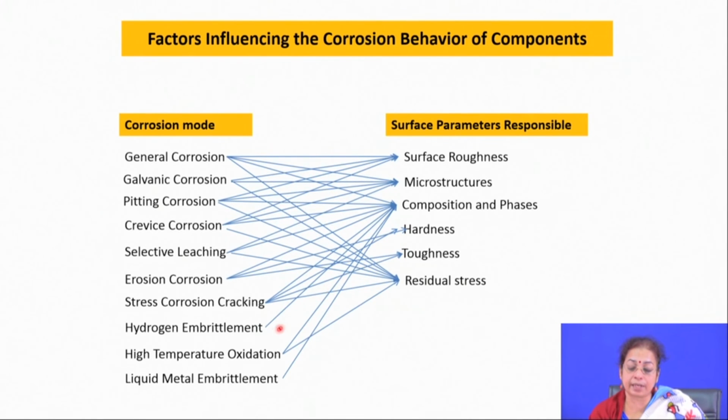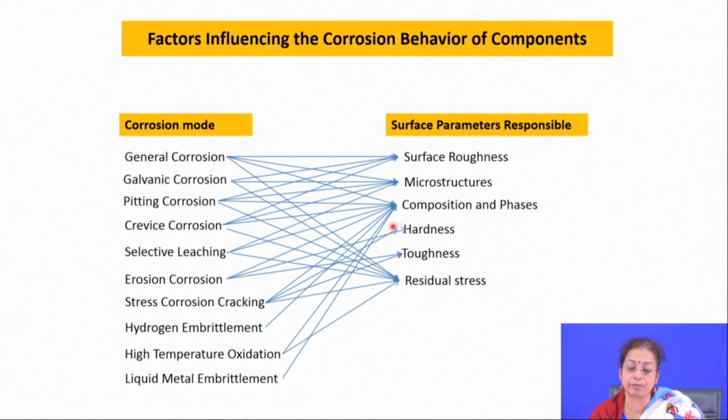For hydrogen embrittlement, toughness plays a very important role, along with composition, phases, microstructure and surface roughness. For high temperature oxidation, 2 important factors are responsible for the damage: one is residual stress, second is the composition and phases present in the microstructure, and roughness also to some extent.